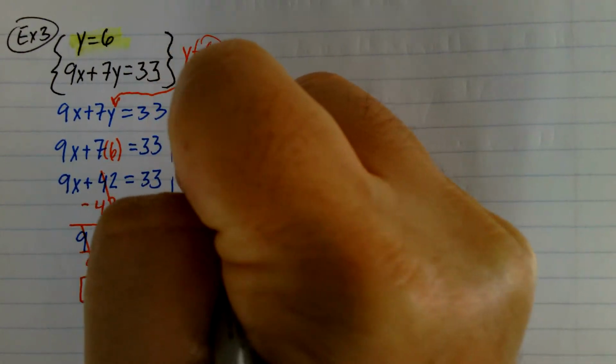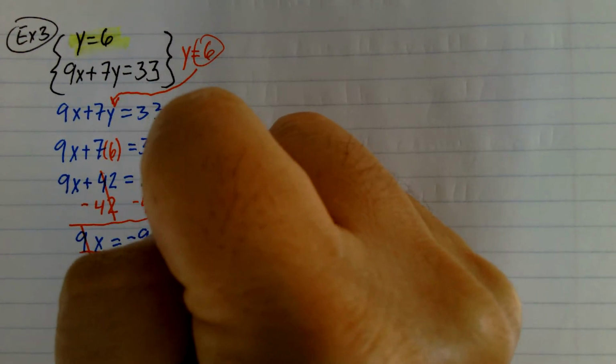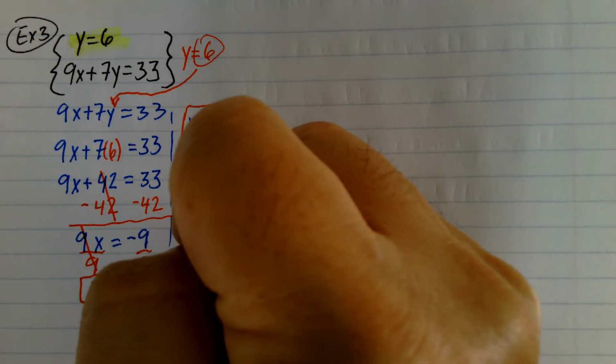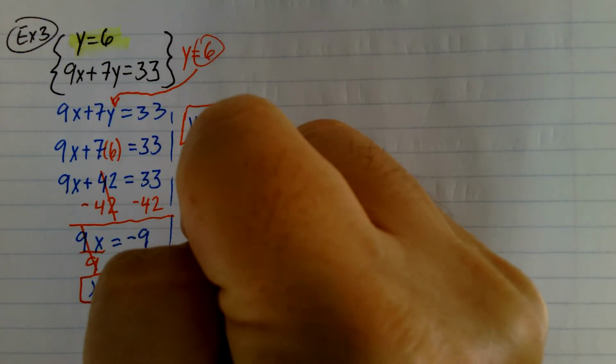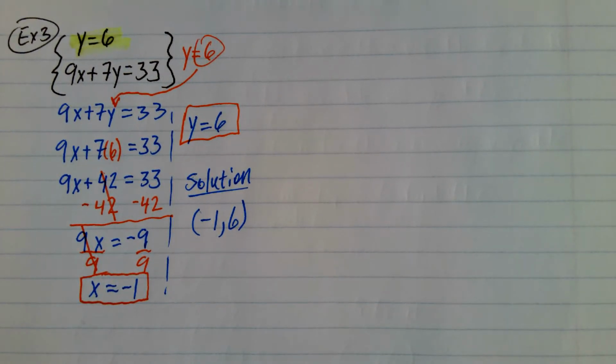That's kind of nice. So we got our solution real quickly and easily. Solution was negative 1 comma 6. All right. Any questions? All right.